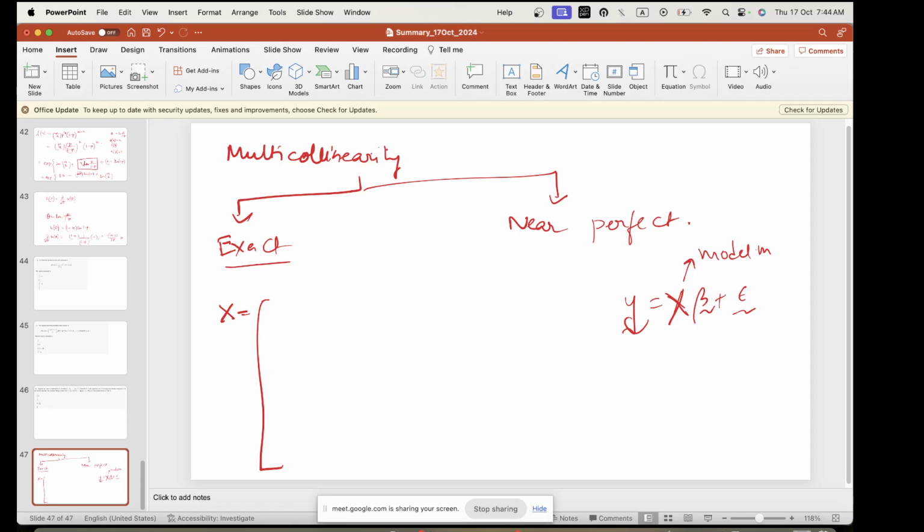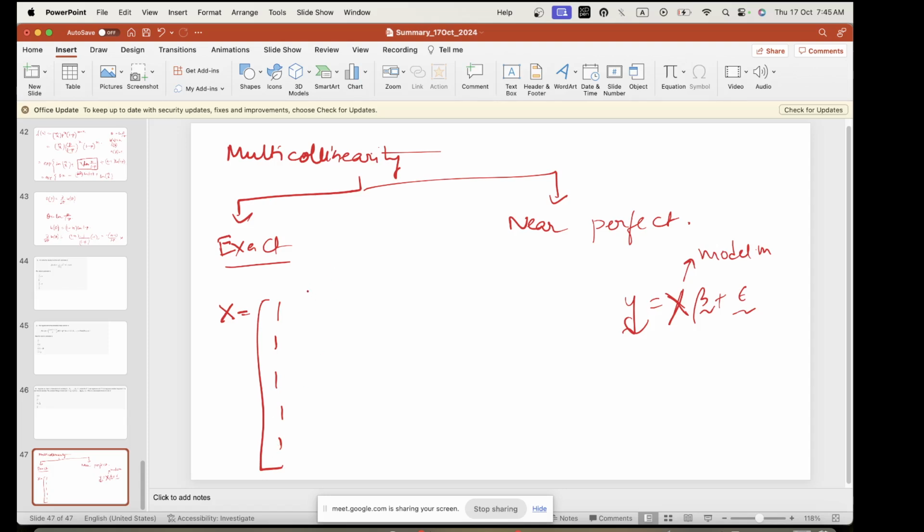So multicollinearity can be of two types: exact multicollinearity and near perfect. Exact means, let's say, this first column is usually your intercept term, so it will be 1.